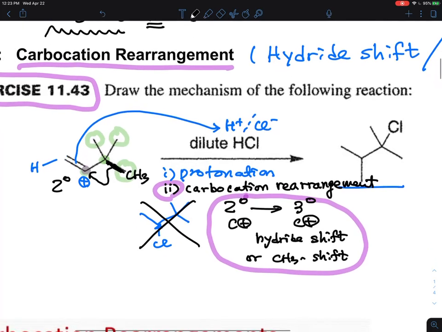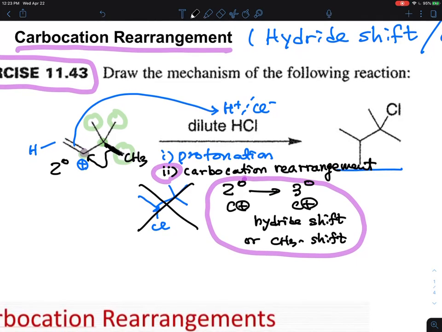And by doing so, in the second step, what you see here is, okay, protonation has this, and there are 3 methyl groups. I know that. And then this one will form what they call the 1,2 methyl shift.